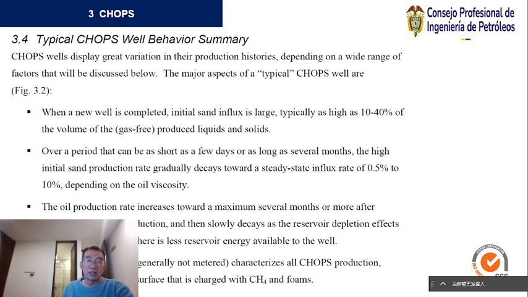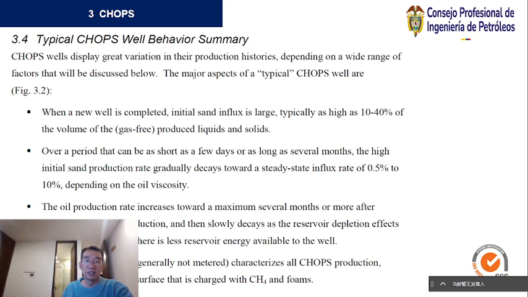When a new well is completed, initial sand influx is large, typically as high as 10 to 40% of the volume of the produced liquid and solid, over a period that can be as short as a few days or as long as several months.